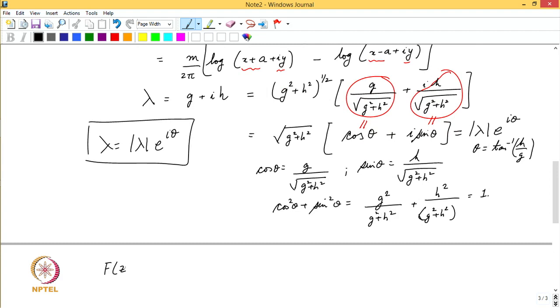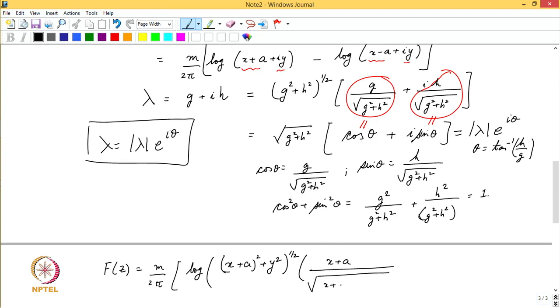So, f of z would be m by 2 pi times log of, let us just do it in completeness. We can say this would be square root of x plus a square plus y square, multiplied by x plus a by square root of x plus a square plus y square, plus iota y by square root of x plus a whole square plus y square.